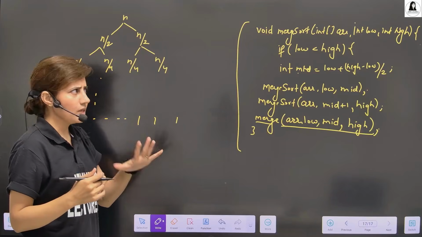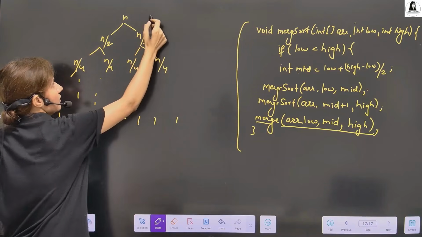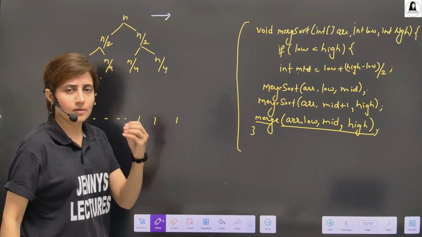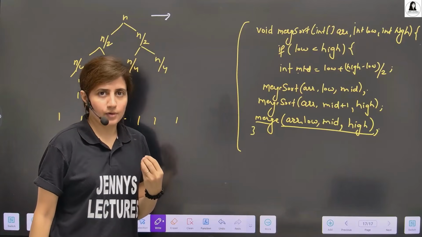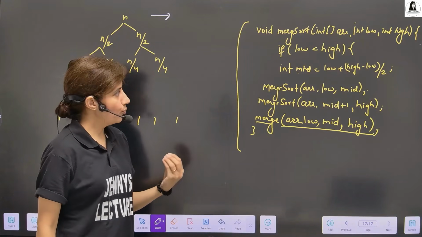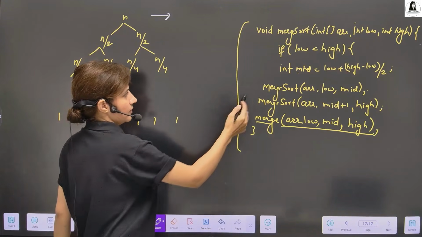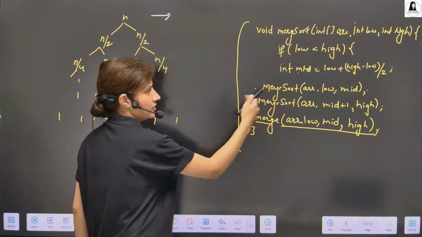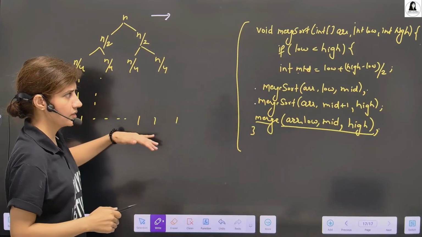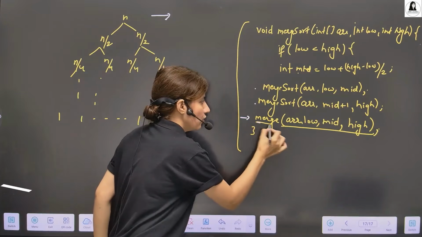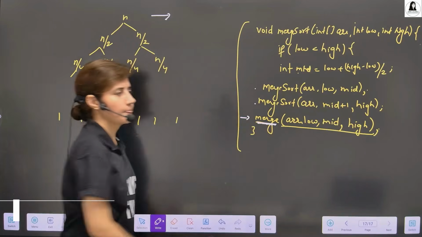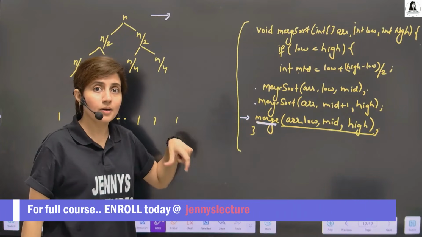Right. Now see, the work done at every level. So basically, in merge sort, this is how we are dividing this. But actually the work is done when we call this merge. Work done per recursive call.